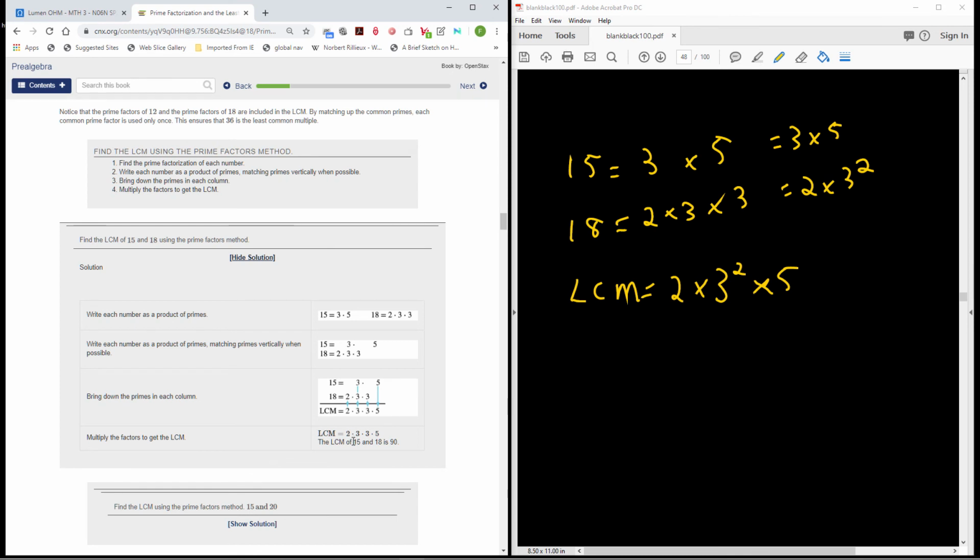So here you see it there: 2 times 3 times 3 times 5. And when we multiply this out, we end up with 90. And that's our LCD.